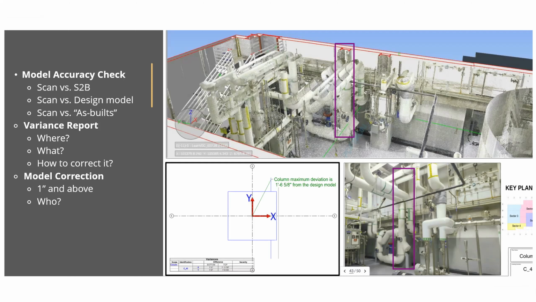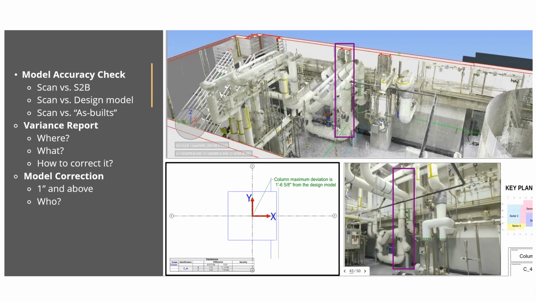The part I like most about this report is it not only tells me whether the model is accurate or not, it also gives me all the details about where exactly the discrepancy is and how to fix it. As you can see, the purple box here highlights the column that deviates from the original design.